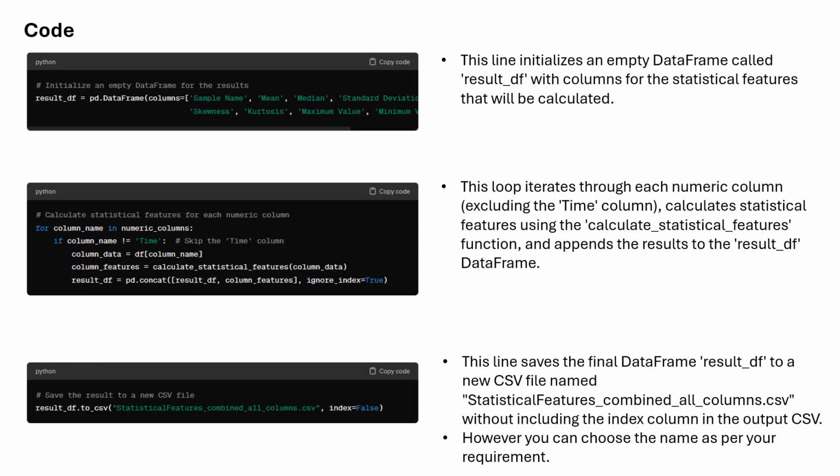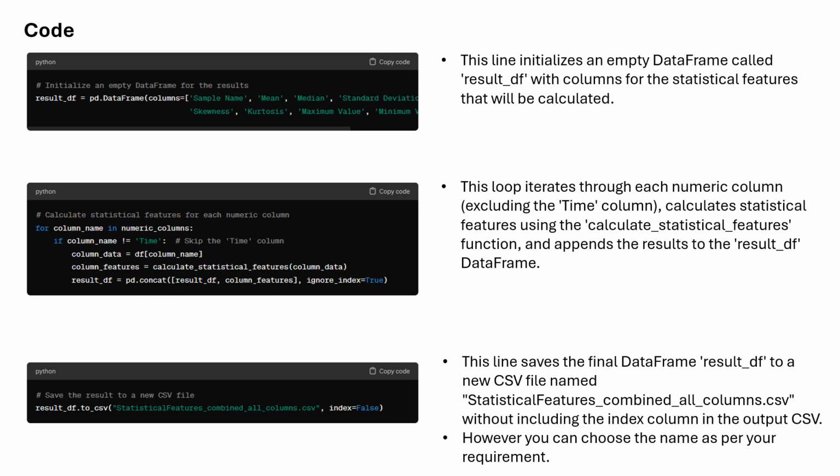result_df equals pd.DataFrame, columns, initializes an empty data frame called result_df with columns for the statistical features that will be calculated. Now to calculate statistical features for each numeric column, a for loop iterates through each numeric column, excluding the time column, calculates statistical features using the calculate_statistical_features function, and appends the results to the result_df data frame.